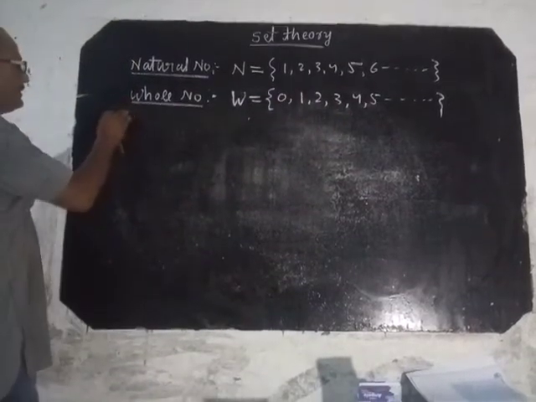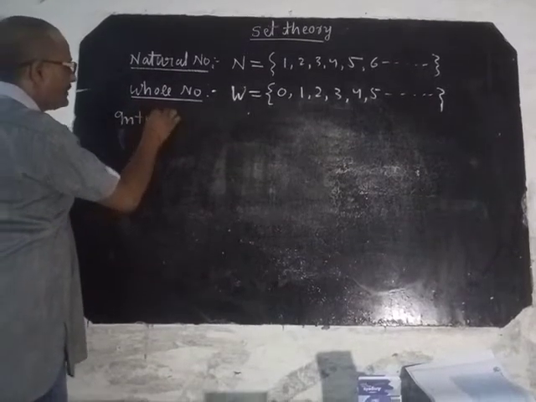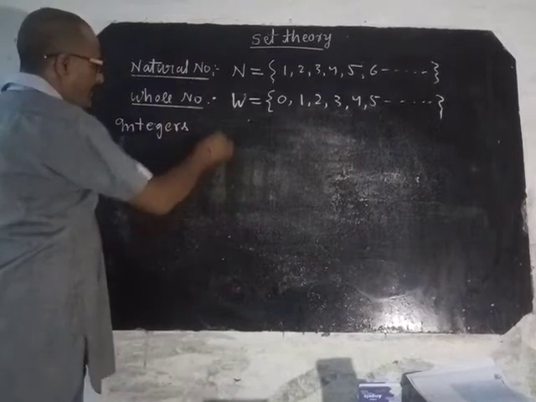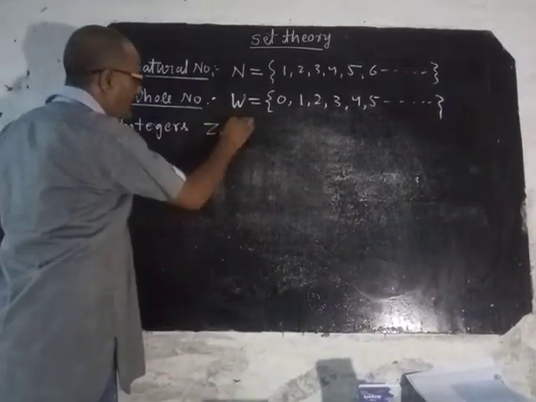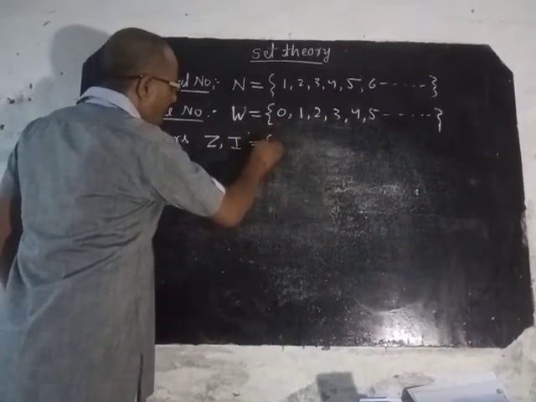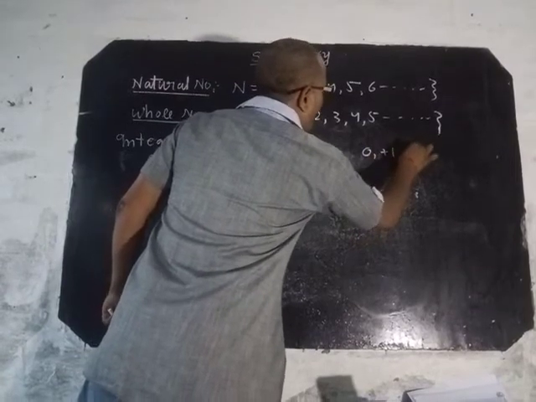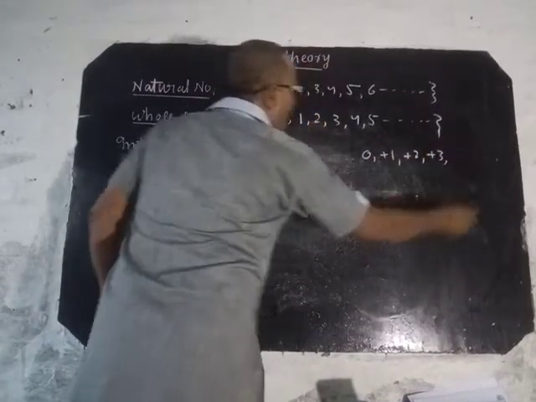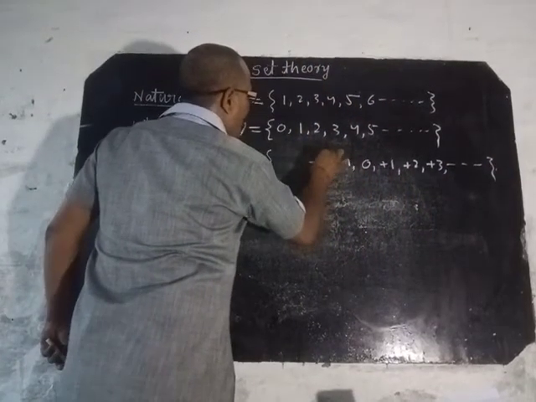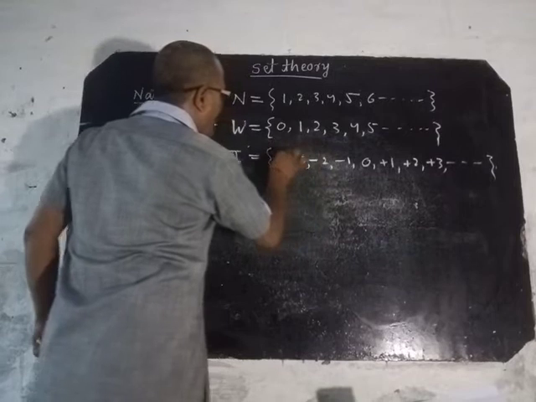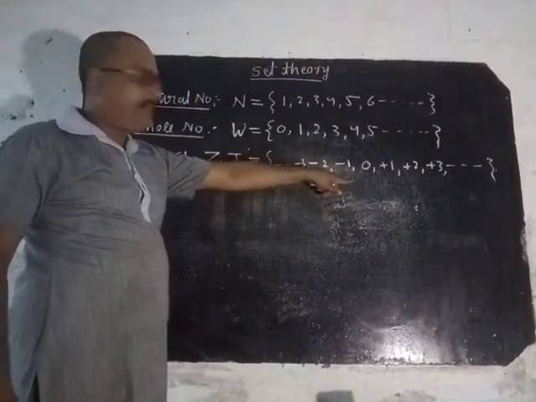Now, integers. Integers are represented by the capital letter Z or I. The numbers 0, plus 1, plus 2, plus 3 and so on, and minus 1, minus 2, minus 3 and so on, are known as integers.